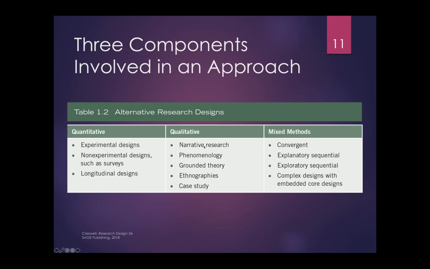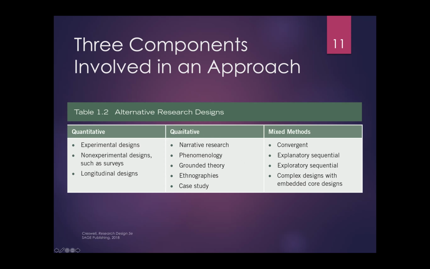Narrative research, phenomenology, grounded theory, ethnography, and case study are some that you see, but for example, there's also autoethnography. Phenomenology has different subsections, like transcendental and I think hermeneutics.